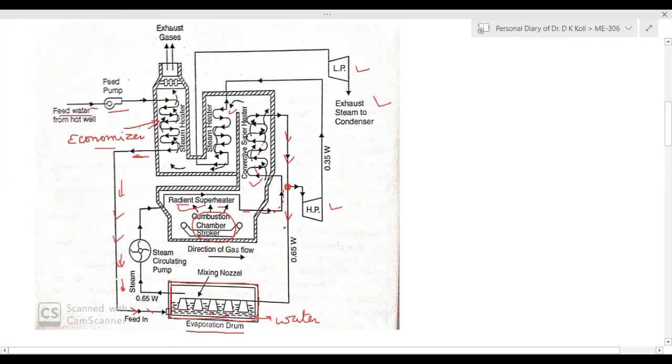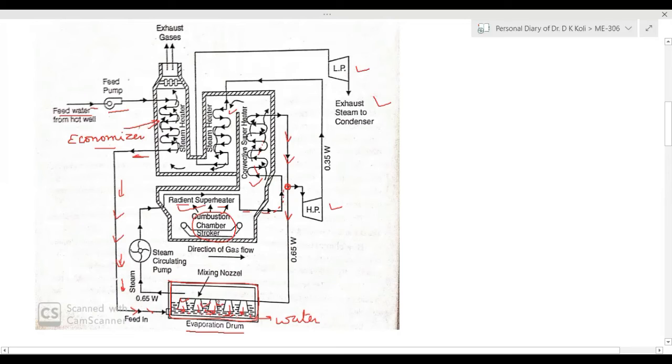Now see here, the 65% of the steam which is coming to the evaporation drum. Here you can see the steam nozzles. These are the steam nozzles. This steam has a high amount of heat. So when the steam is mixed with the water, it will give its heat to the water to evaporate it.